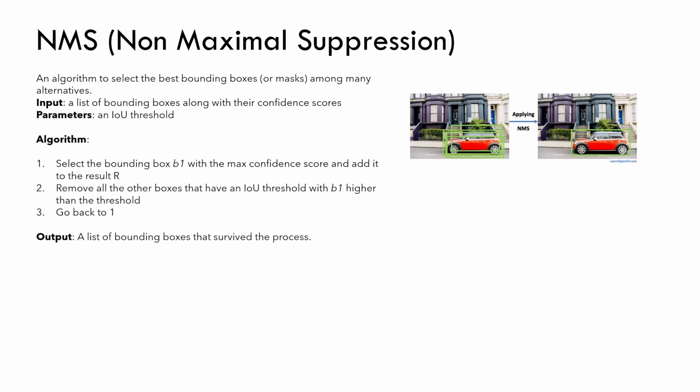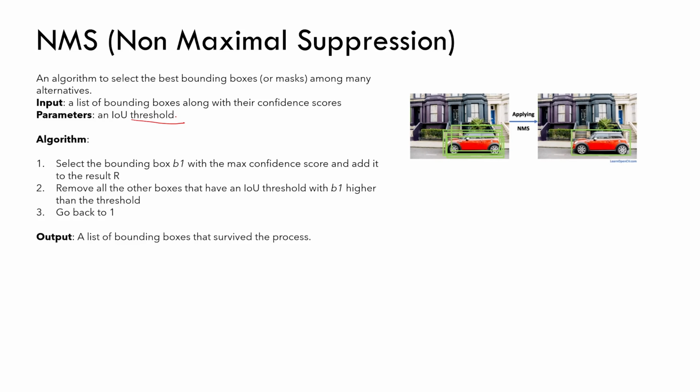Non-maximal suppression usually works like this. Imagine we have an object detection model. Usually when we detect a bounding box for an object, we get a lot of bounding boxes. How do we select only one? Well, basically we take the one with the highest confidence score, and then we delete all the other bounding boxes that have an IoU with the one we selected higher than a threshold that is given as a parameter.